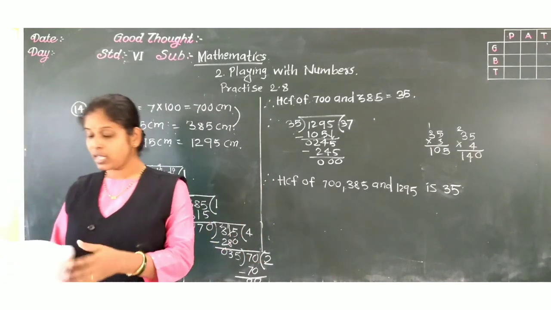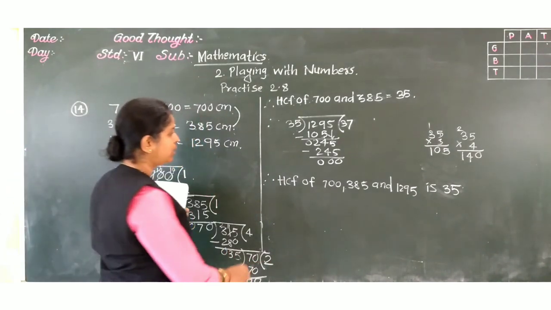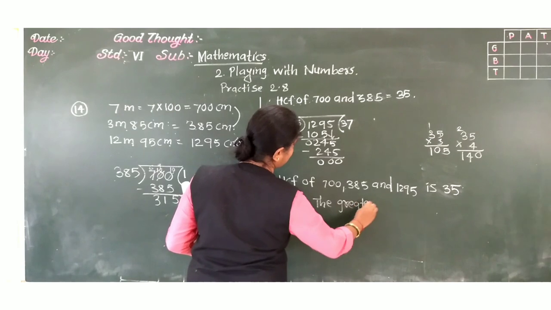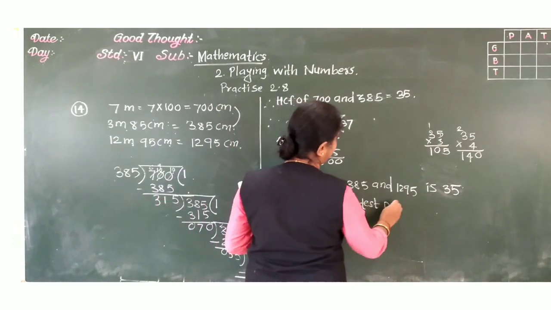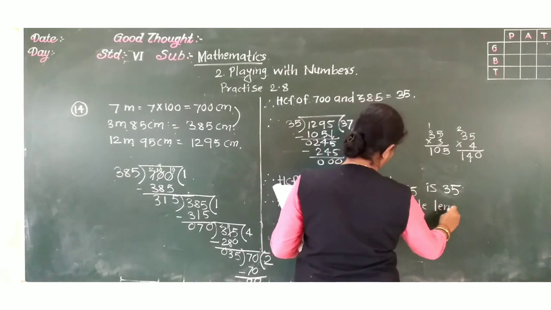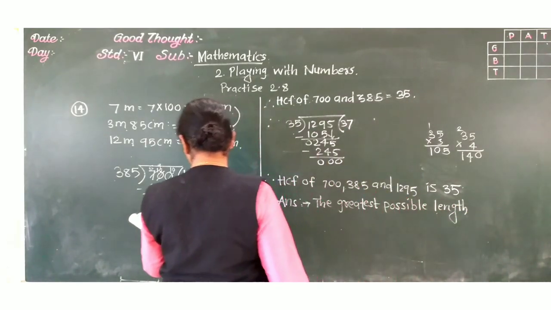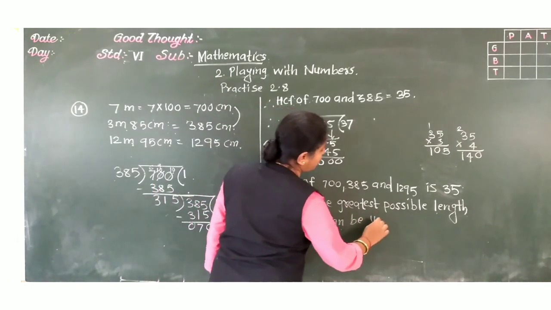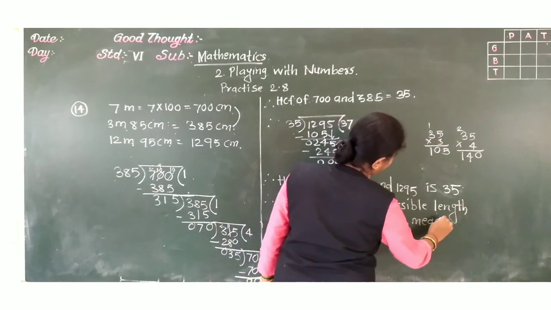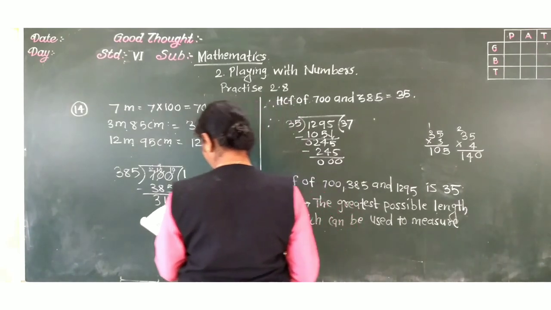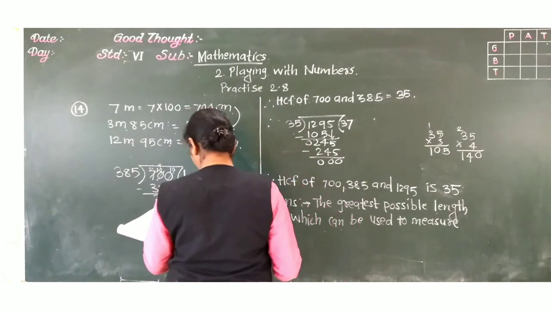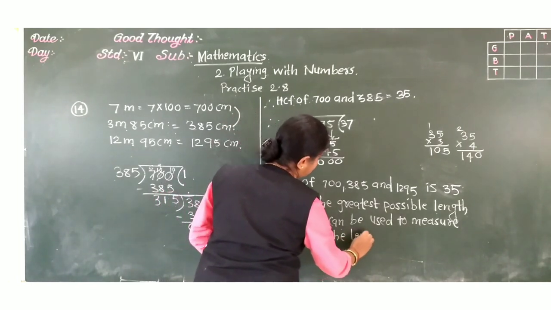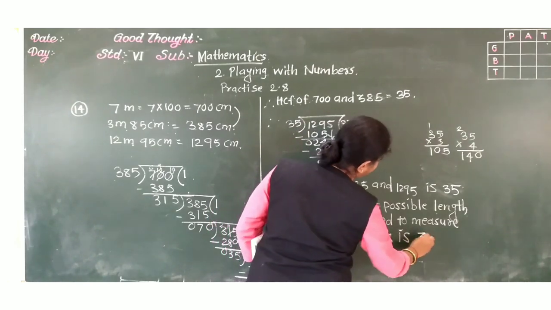Now what is the question? They asked, find the greatest possible length. Therefore, the answer we have to write: the greatest possible length which can be used to measure exactly the lengths is 35.